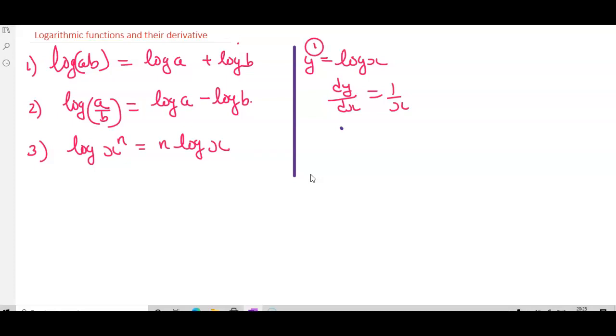But if it is like this, y is equal to e to the power x into sine x, I have to apply this formula. For applying this formula, I have to take log on both sides.